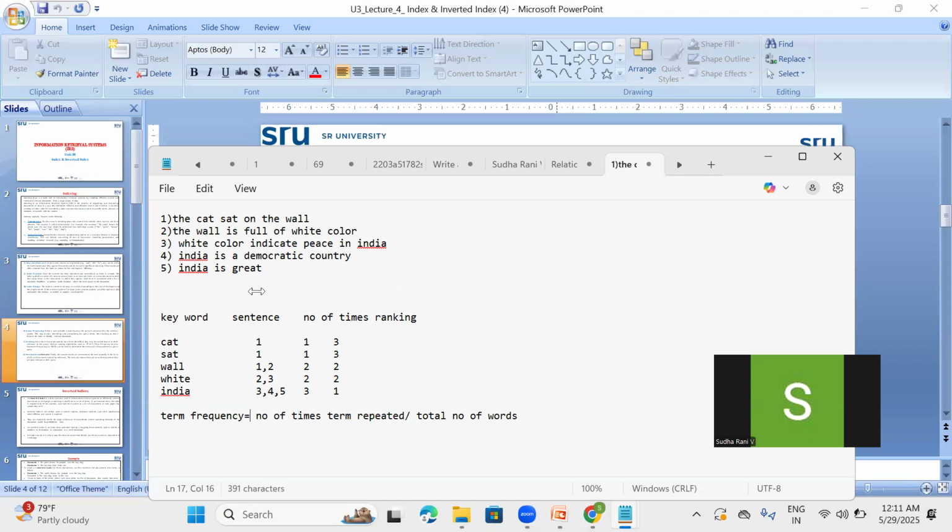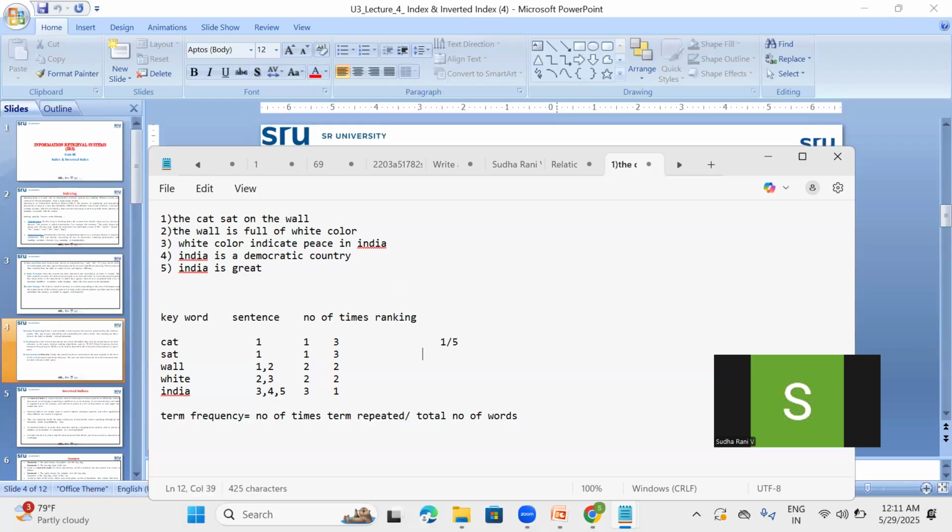See here, what is the total number of words we take? For example, total number of words is 1, 2, 3, 4, 5. Total number of words is 5, and the number of times the word cat is repeated here is 1. So term frequency for cat is 1/5.